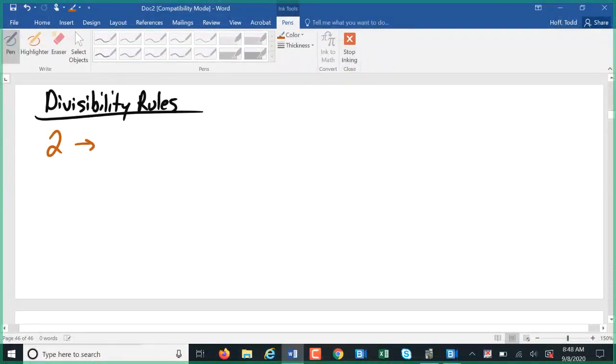How do we know if something's divisible by 2? Well, we usually say, if the number's even. What does even mean? That means the last digit is 0, 2, 4, 6, or 8.